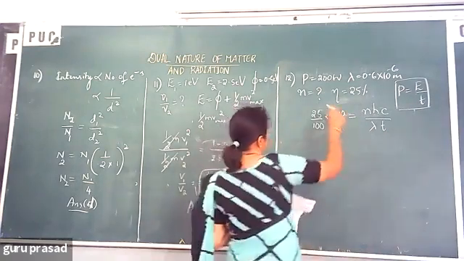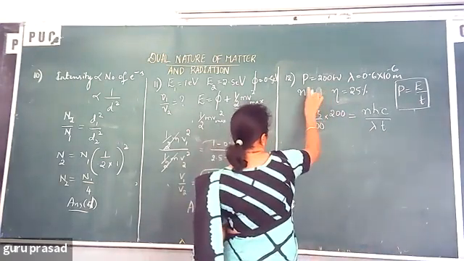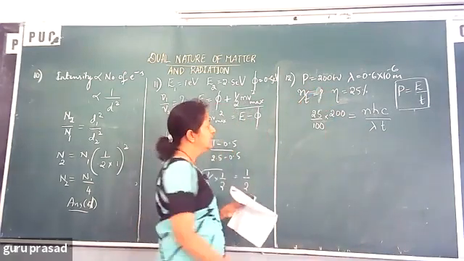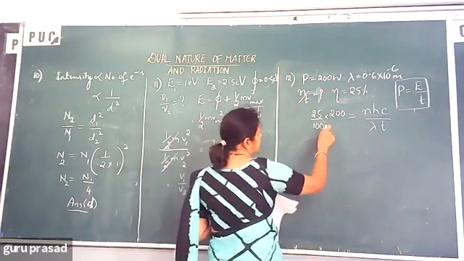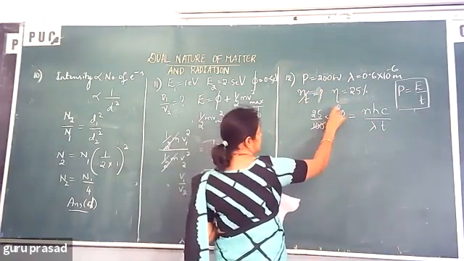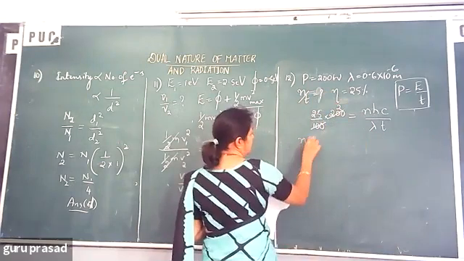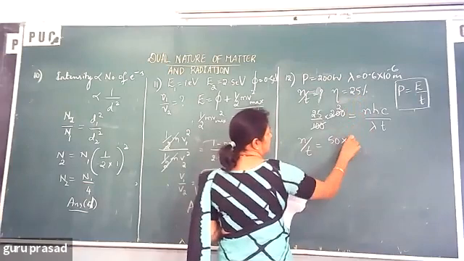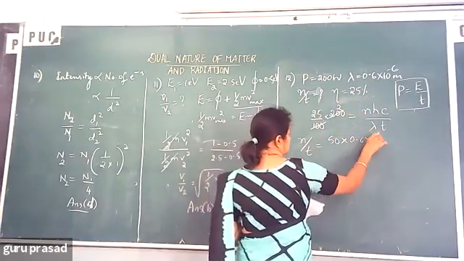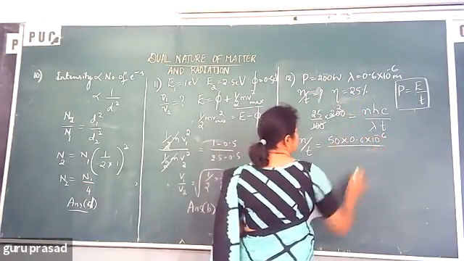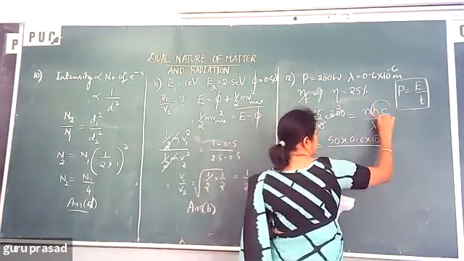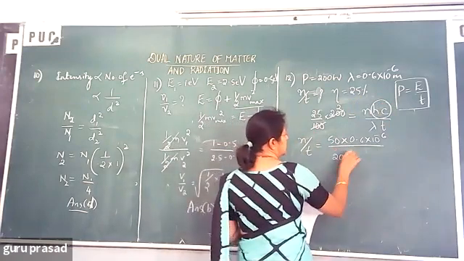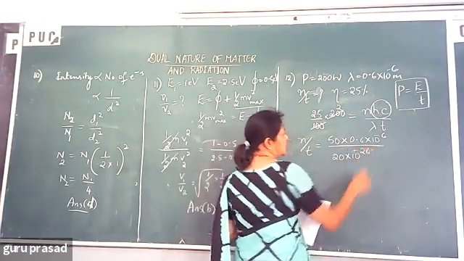You have to find the number of photons emitted per second, N by t. Now we will calculate. Here the 100 cancels, so it is 50. So N by t is 50 into lambda, 0.6 into 10 power minus 6, divided by hc. hc we can write as 20 into 10 power minus 26. I'll show you how you get it.